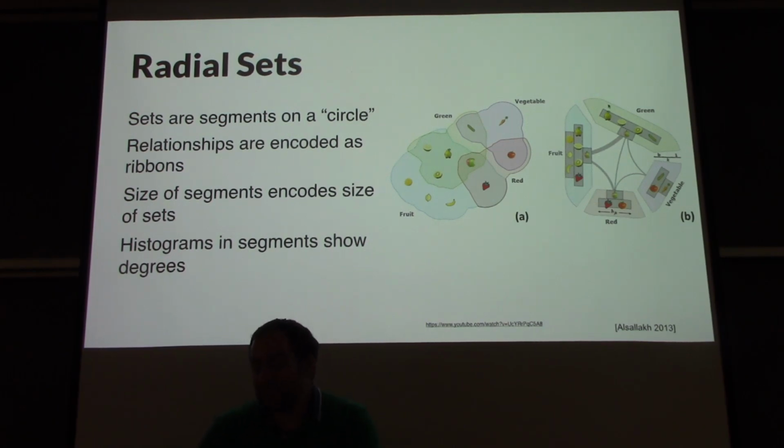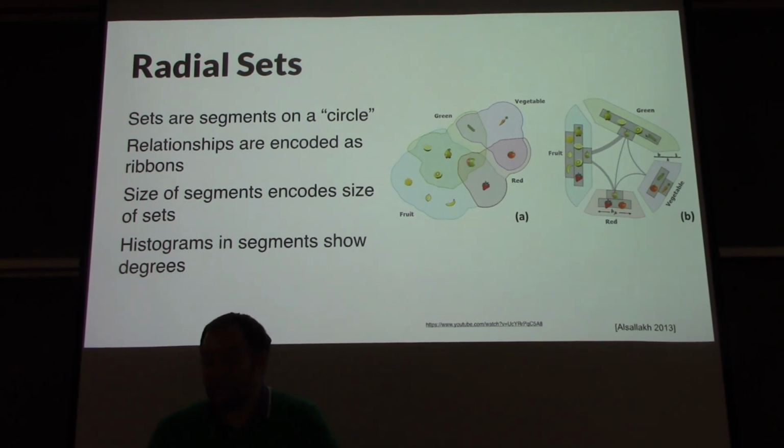And so we have these sets, and each of these elements, in this case, here we have a pair that is both green and a fruit, and so it occurs twice, and therefore there is one edge for this co-occurrence, and then there's the line which is also green and a fruit, and so on. The size of these segments encodes the size of the sets. And then this here is a little histogram.